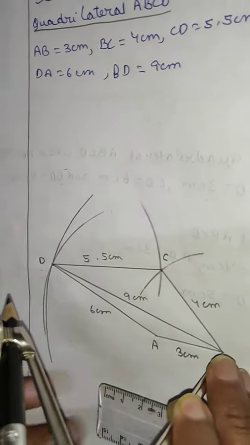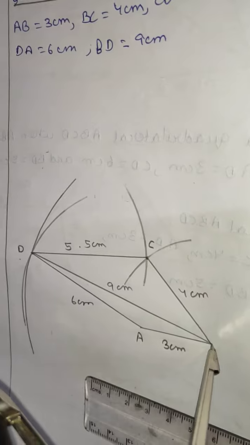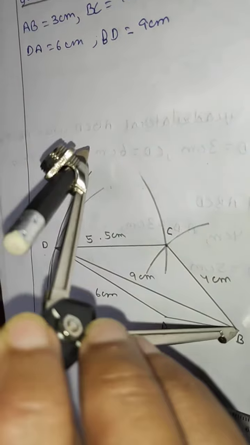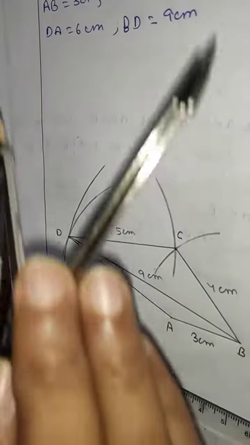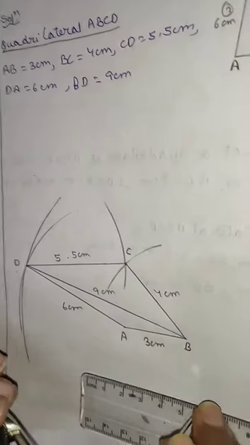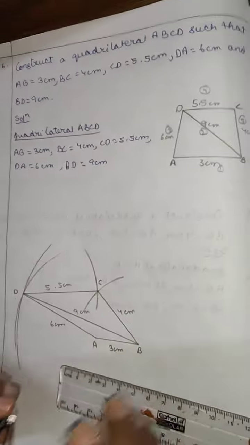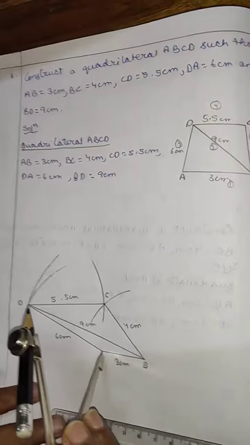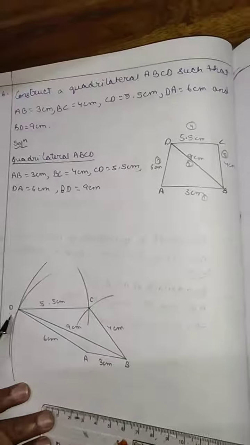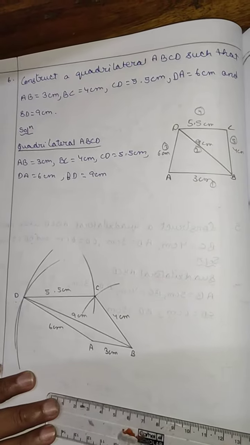Then from B point, put your compass, measurement 9 cm, make this big arc. Now third step, AD measurement 6 cm. So measure 6. By measuring 6, from A point, cross. This is your D point, join AD and BD. So your triangle is ready.